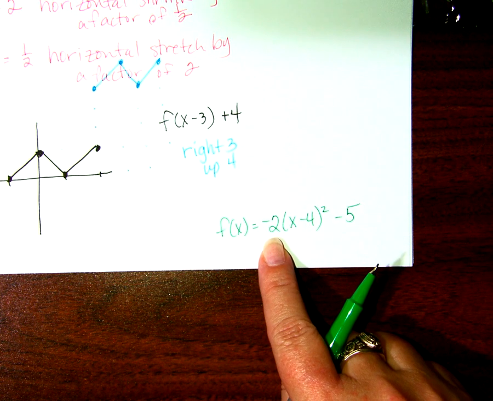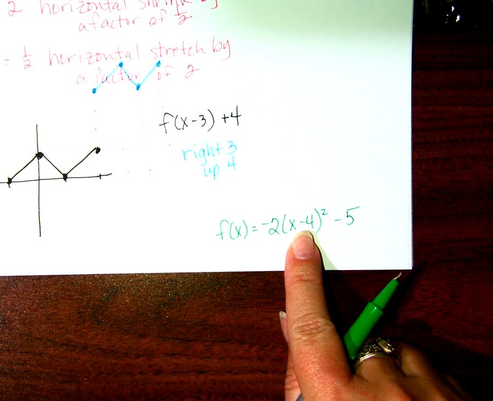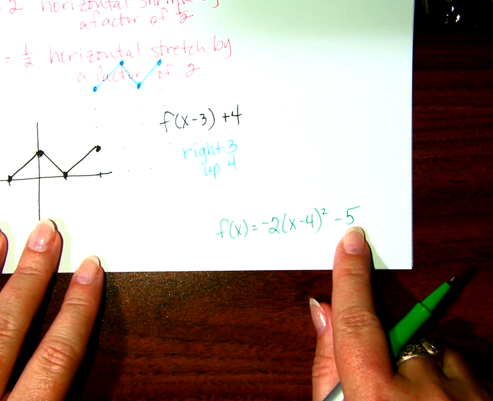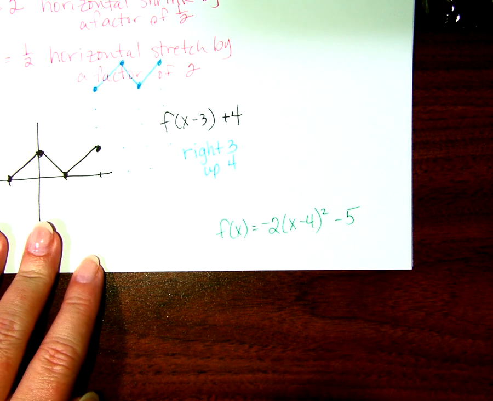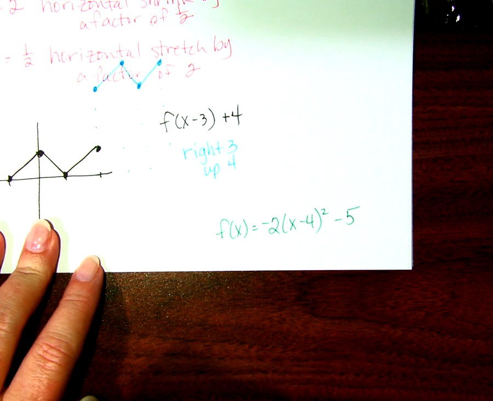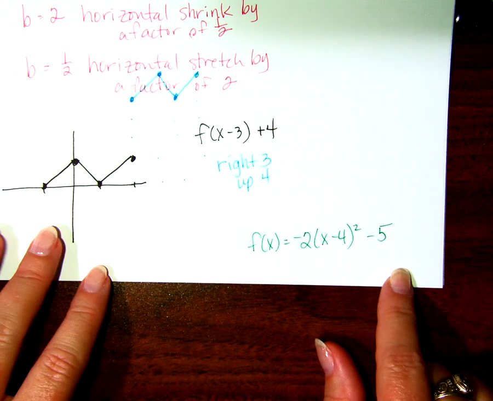Yes. By a factor of 2. Vertical stretch by a factor of 2. And then we've got horizontal shift right 4. And then vertical shift down 5. Good job. You made my transformation heart happy today. Any questions on this?